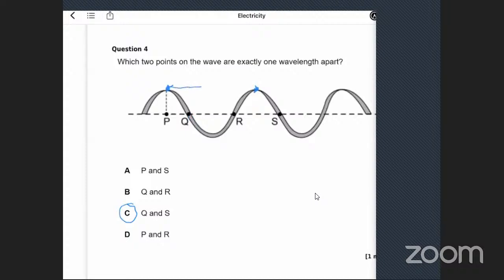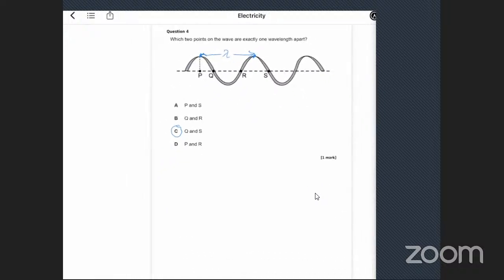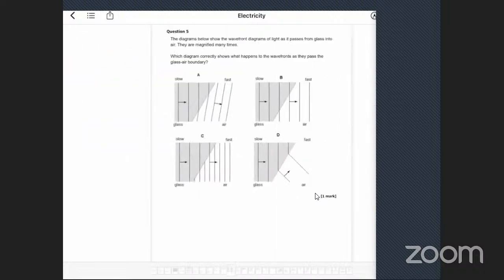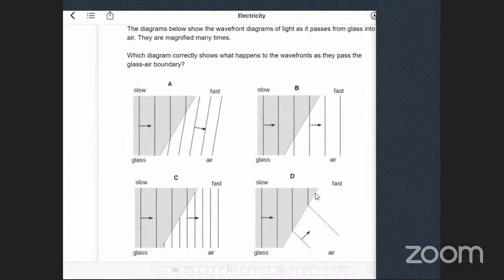So if you go from there to there, that'll be one wavelength. Are we following? So one wavelength is your successive points on the wave. Are we following? Yes, sir. That makes sense. Right, so if that makes sense, we can move on to the next part, question number 5.